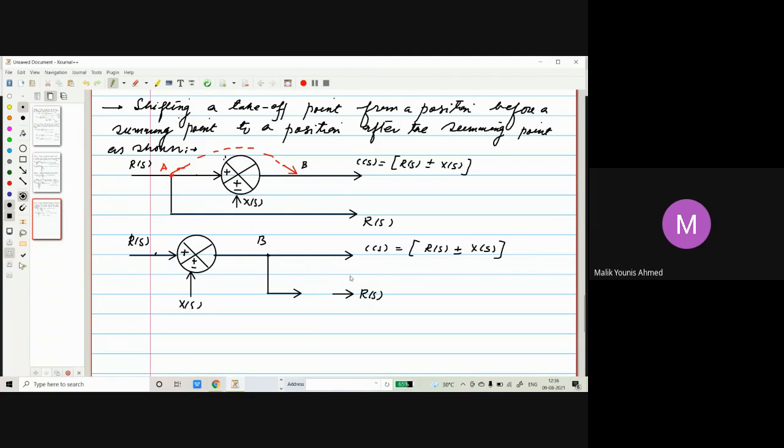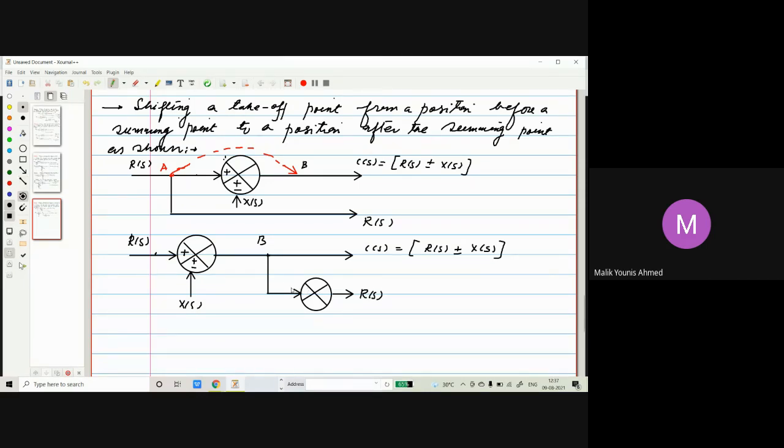We should have a signal here that is minus plus X of S. For that, we require a summing point. So we require here a summing point.